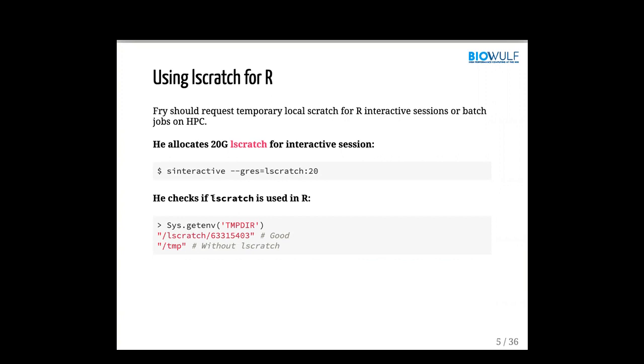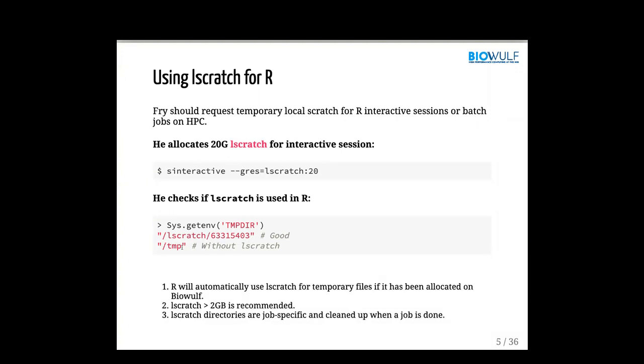The reason to assign local scratch is that R will try to use tempdir to store temporary files, and with it enabled, R automatically picks up the local scratch. This number is a job ID if it's already assigned.